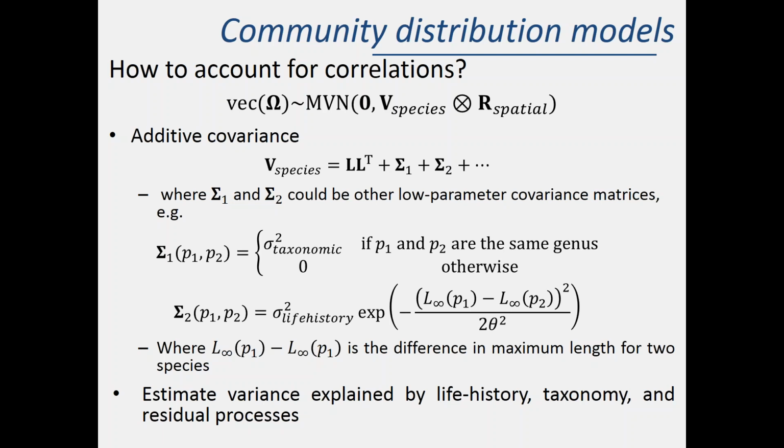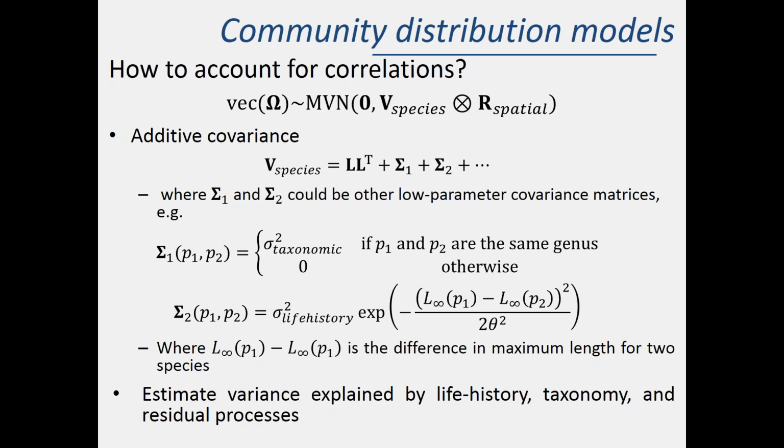And then you could also have another component that's like life history similarities. You could have essentially a spatial model with a squared exponential or an exponential or Matérn or whatever covariance function you want on the dissimilarity between some life history parameter. So in my work, I've concluded that asymptotic size of a species is one of the biggest factors in this rank reduction interpretation of differences among fish species.